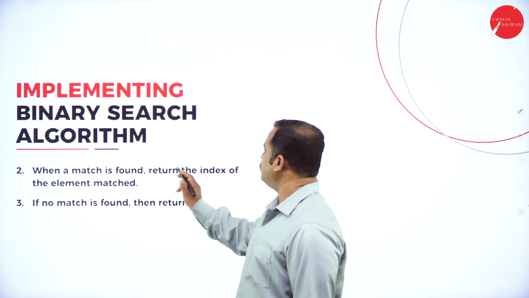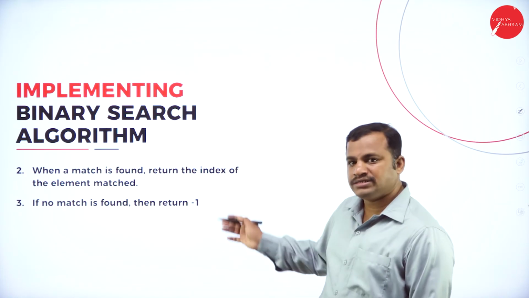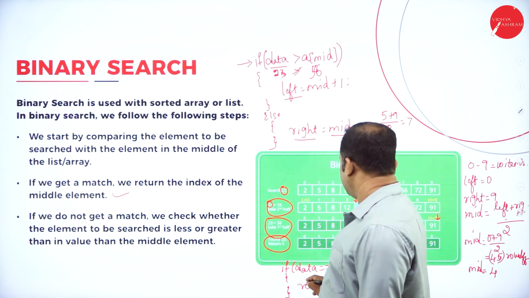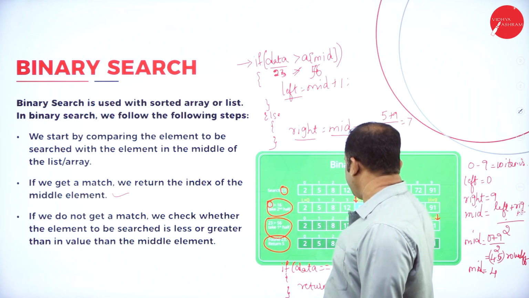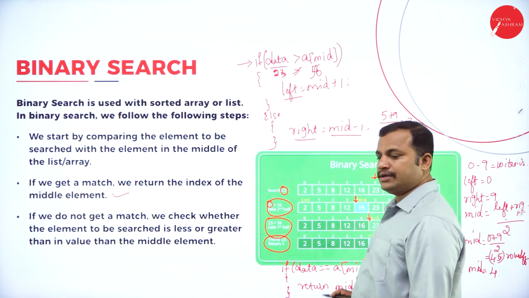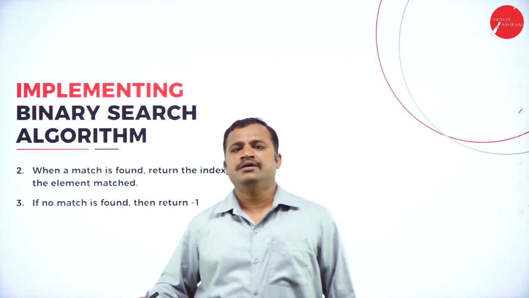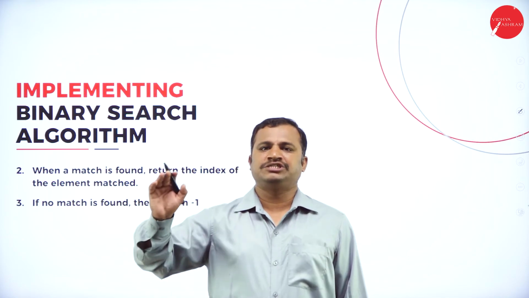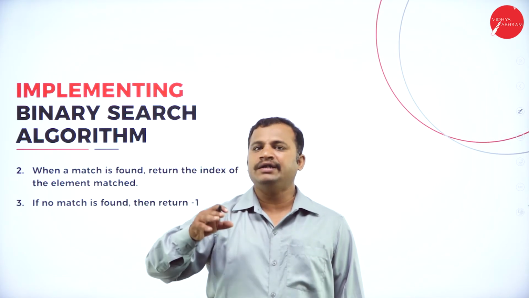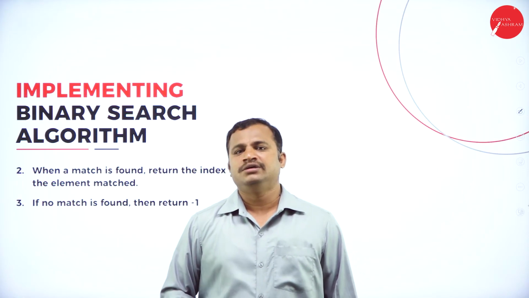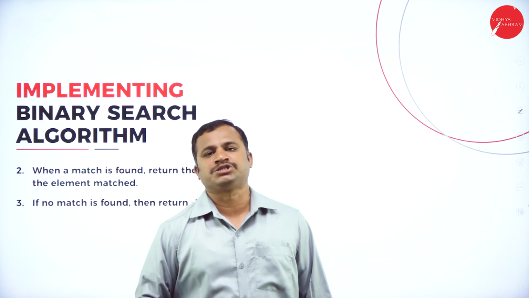When a match is found, return the index of the element, that is mid. Return mid was explained here in the coding. When the match data is equal to A of mid, return mid. If there is no match, that means the item we want to search for is not present in the list at all, then we have to return -1.